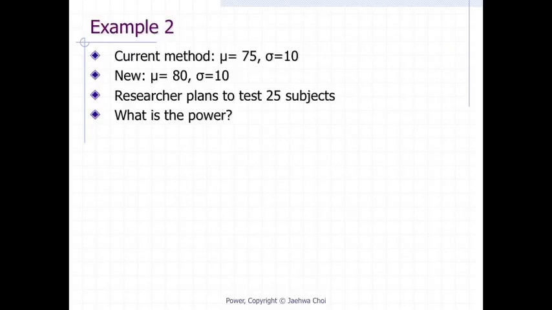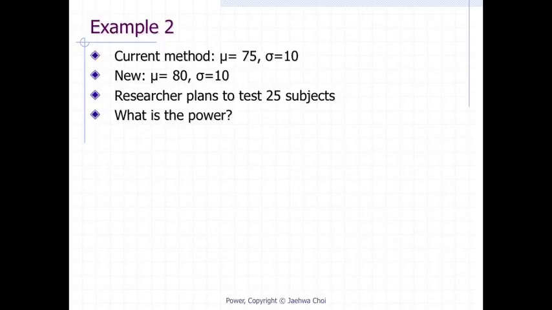Suppose a teacher were interested in whether a new method of teaching math is better than the current method. With the current method, the mean on a math achievement test is known to be 75 with a standard deviation of 10. Assume that although the experimenter does not know it, the population mean and standard deviation for the new method are 80 and 10 respectively.